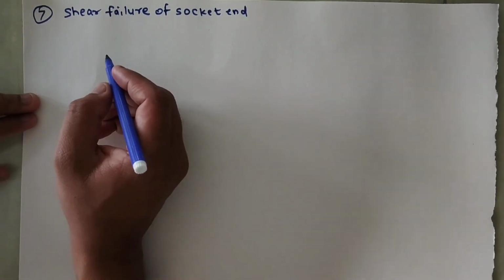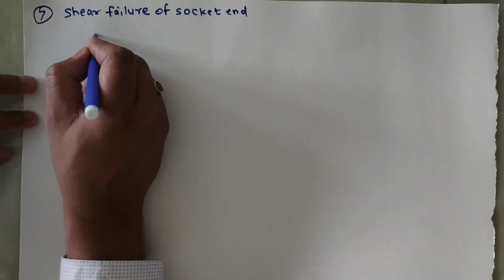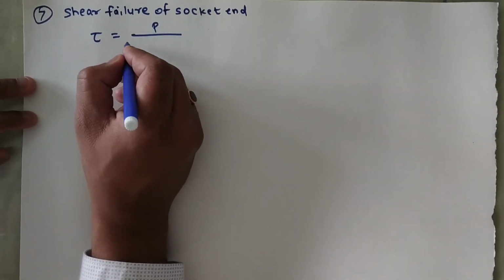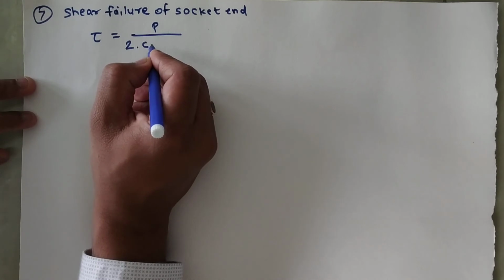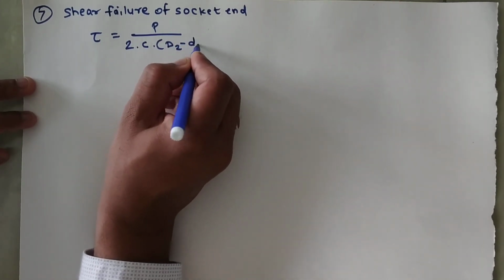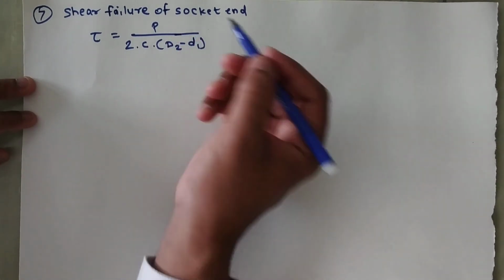So for this the equation is tau equal to P by 2 into C into D2 minus D1.